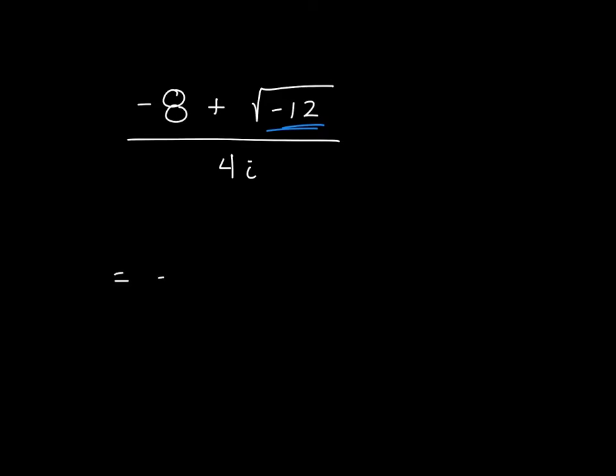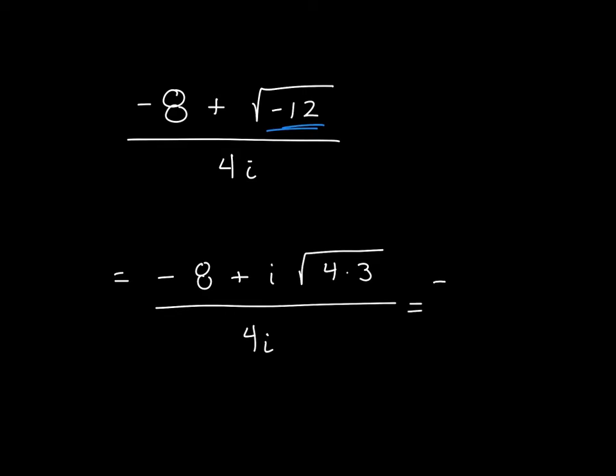So that gives us -8 plus i, the square root of 12, can be broken down into 4 times 3, all over 4i, and that simplifies to -8 plus, I take the square root of 4, which becomes 2i square root of 3, all over 4i.